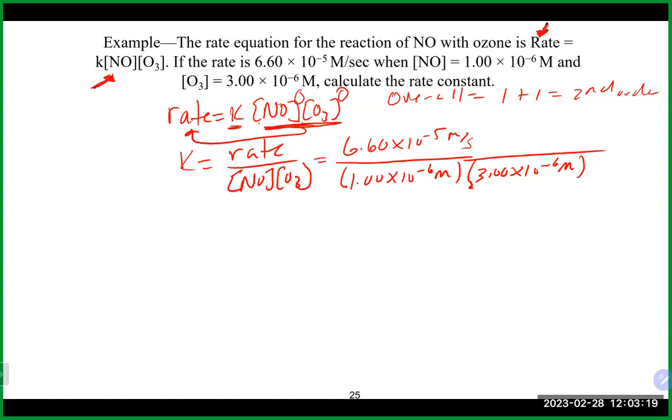Making sure again that you use your exponent button so you are not off. Divided by 1 exponent negative 6 divided by 3 exponent negative 6. Going to give us 2.20 times 10 to the 7, I believe.